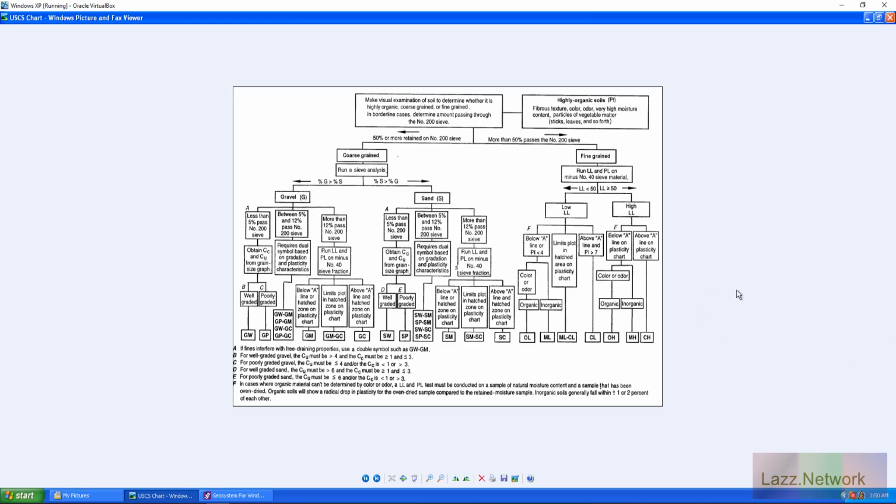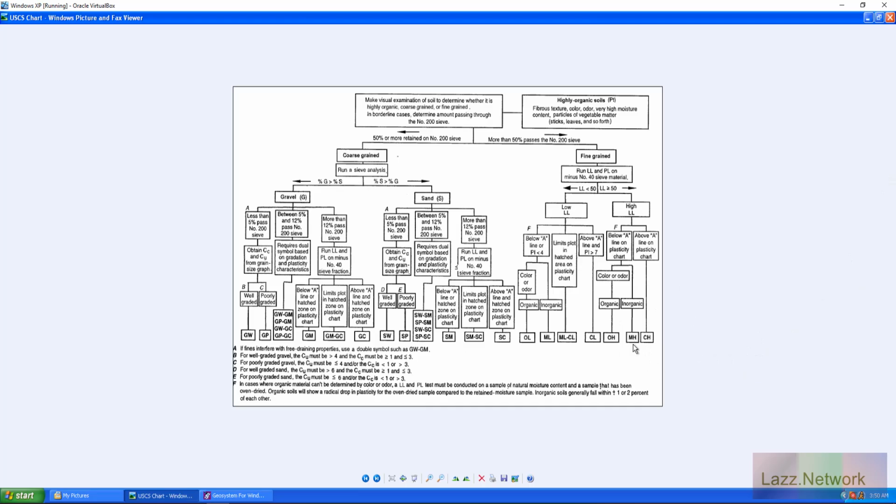So if we have a high liquid limit, then usually there is no hatch zone or low plastic index. It's going to be a high plastic index, and then it's just going to determine if it's above or below our A line on that chart that I showed. And then it just comes down to, okay, is it organic or inorganic, and depending on where it falls.